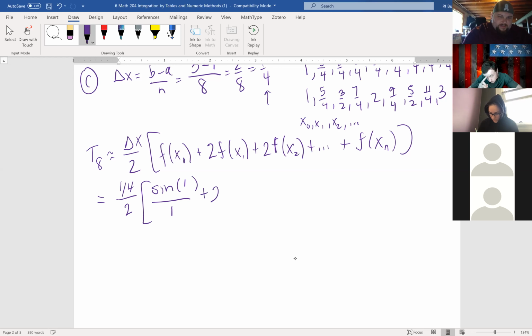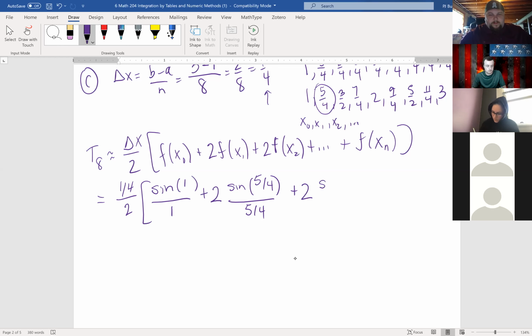Plus 2 times sine of my next value, 5/4, divided by 5/4. Then I'm going to do 2 times the next one. That's sine of 3/2 divided by 3/2.